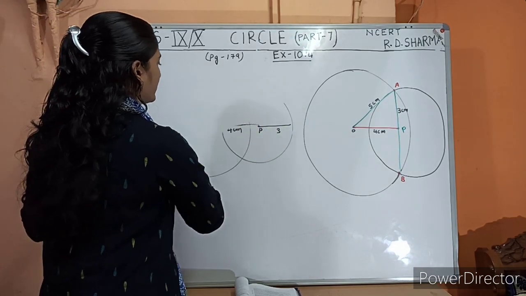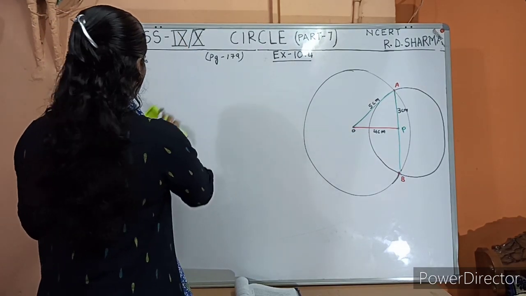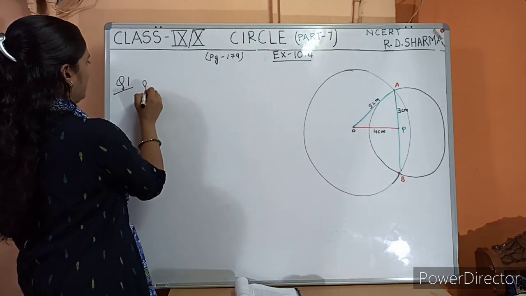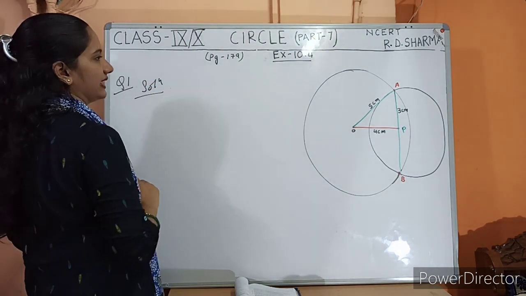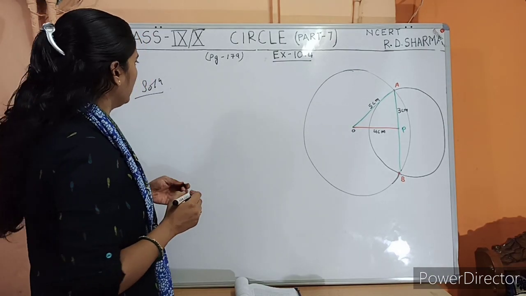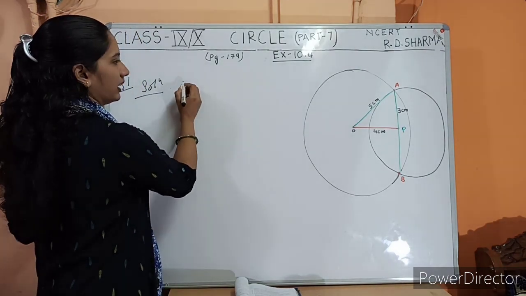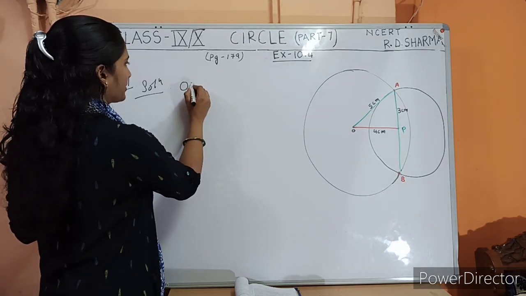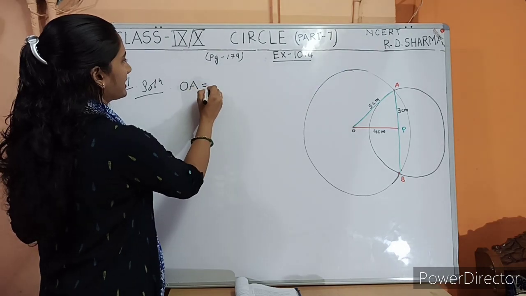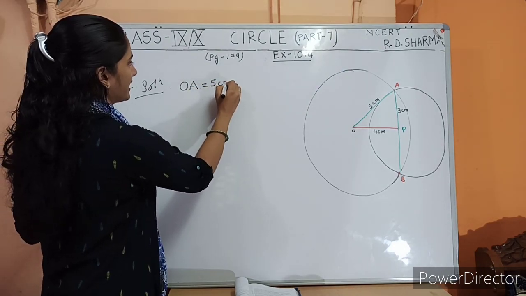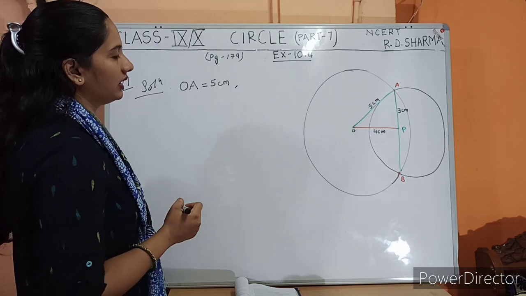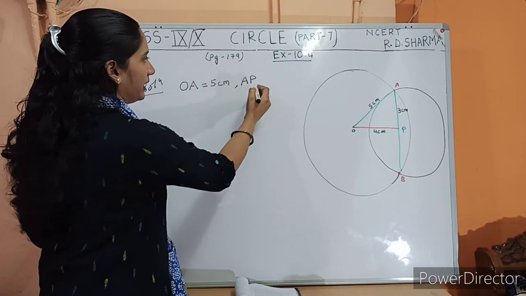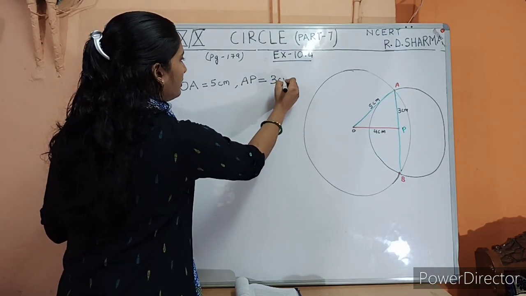Now after this, let us begin the solution of this question number 1. So what it says, look here. As you can see, in the first bigger circle, the center is O and its radius OA is given here as 5 centimeter. The radius of the smaller circle, that is AP, is given here as 3 centimeter.